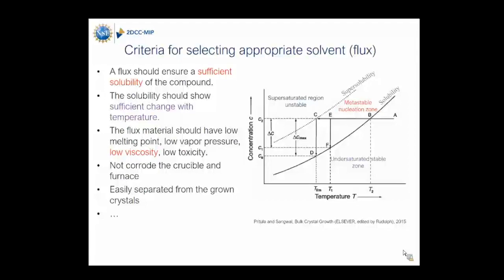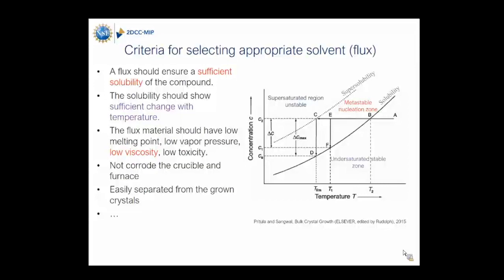And third, the flux material should have a lower melting point. If it has a very high melting point, above 1200 degrees C, for lower temperature growth you cannot form a liquid, so it certainly cannot be used as a solution to grow crystal.